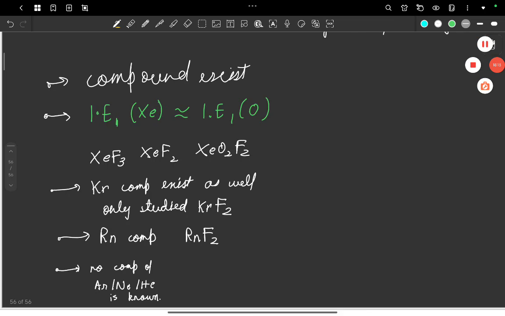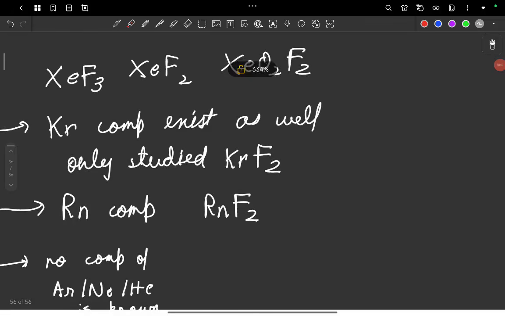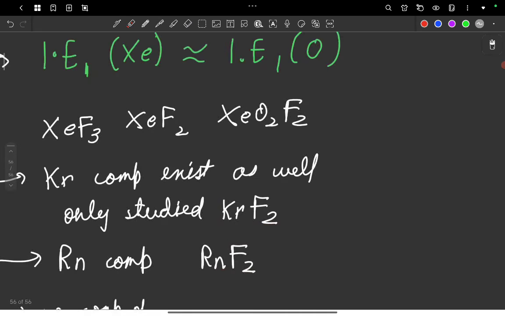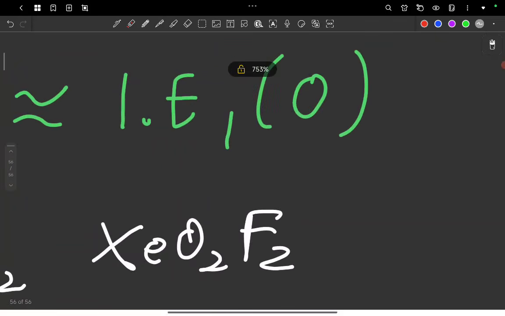Now, I want you to notice something interesting here, that anytime there is an exception to the low chemical reactivity of the group 18 elements, it is always oxygen or fluorine causing that exception. Now, why is that? Because oxygen and fluorine have a really strong tendency to pull electrons.